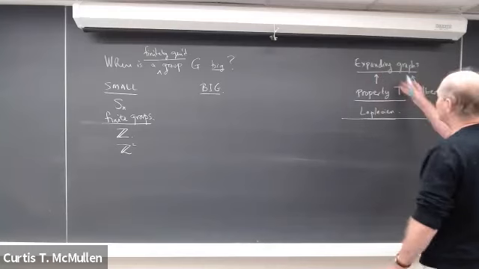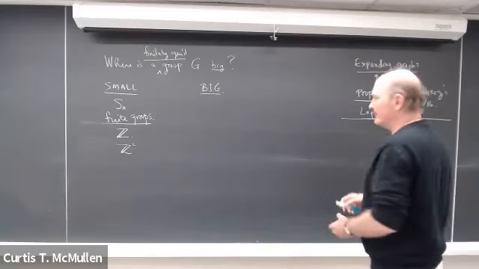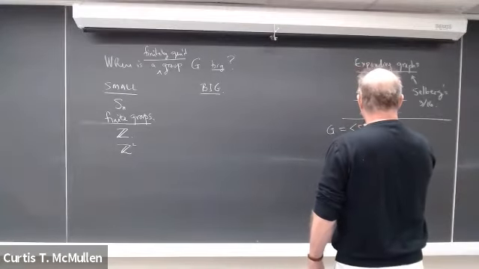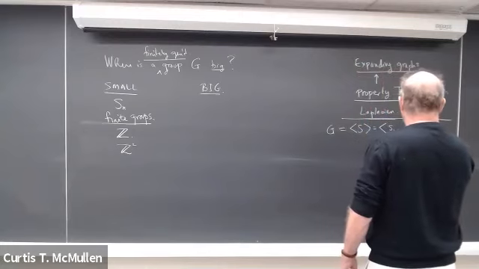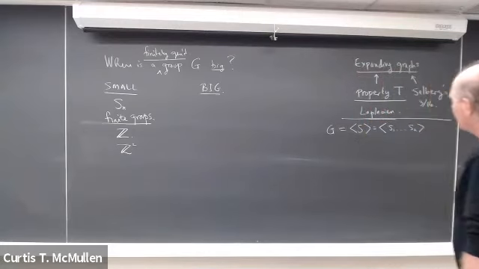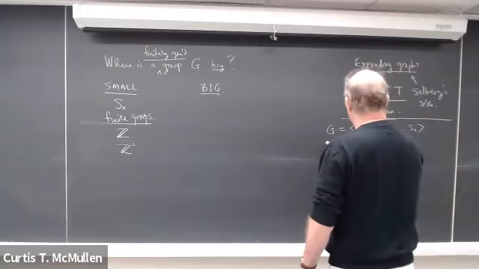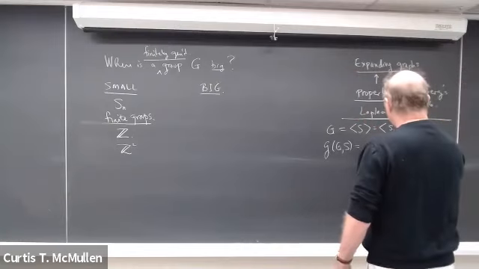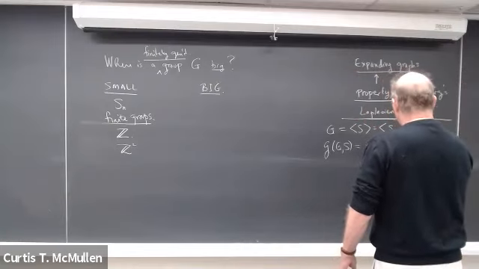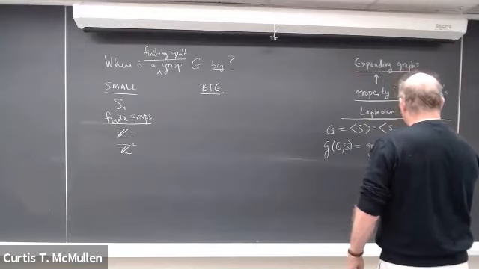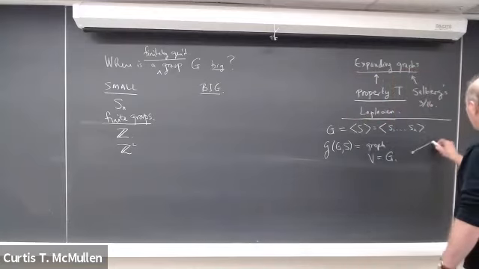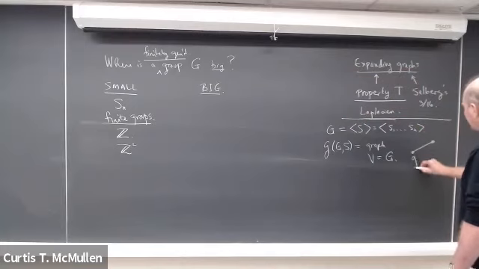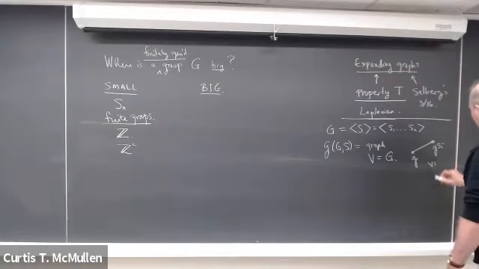Since I've already mentioned graphs, let's recall the notion of a Cayley graph. If G has a finite generating set S, so it's generated by S1 up to Sn, then you can form what I'll call the Cayley graph of G with respect to this generating set S. The vertices of the graph are just the elements of G. Then we draw an edge between g and, let's say, g s_i for all i.